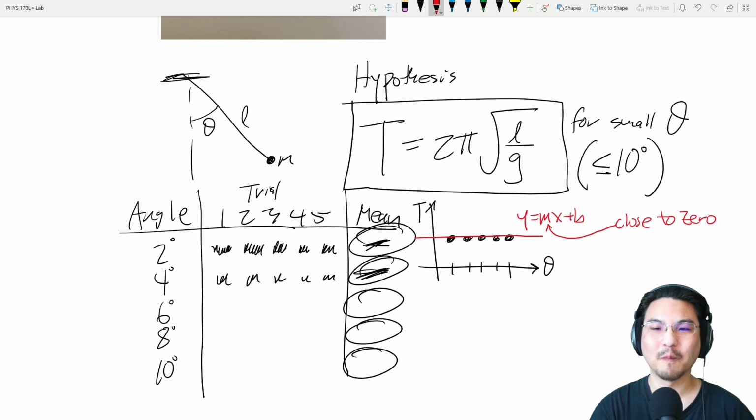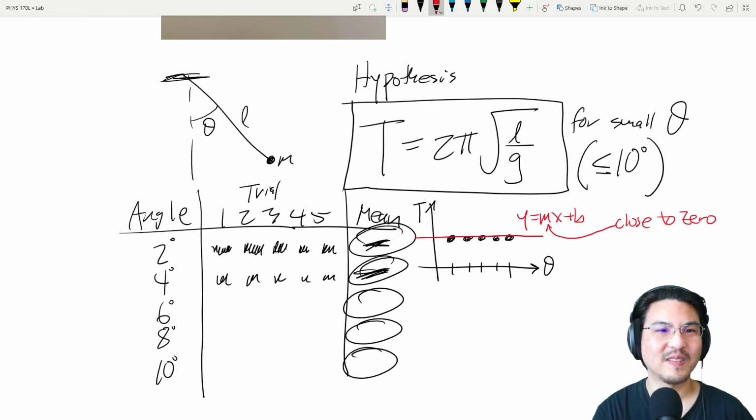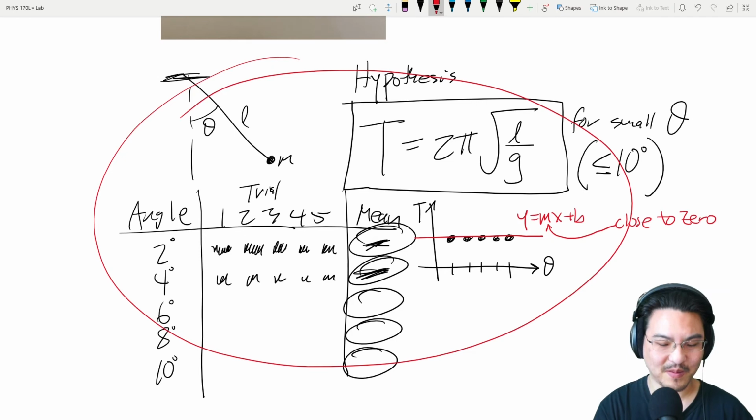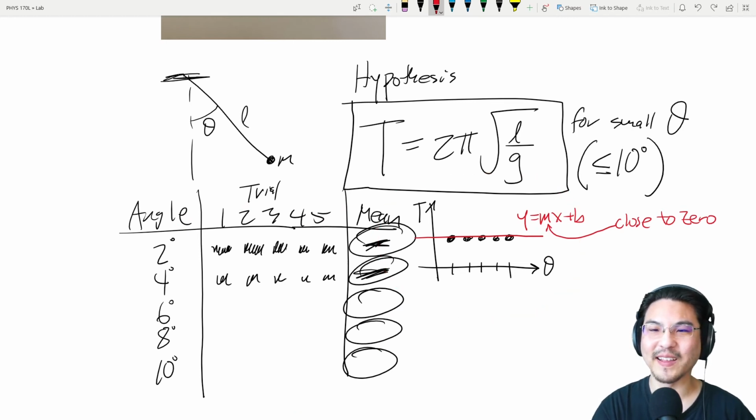Right? Because if it's horizontal, that means the period is not a function of the angle. So do this part this week. Take your data for 5 different angles, 5 trials each. Make this graph and see if the trend line is indeed horizontal.